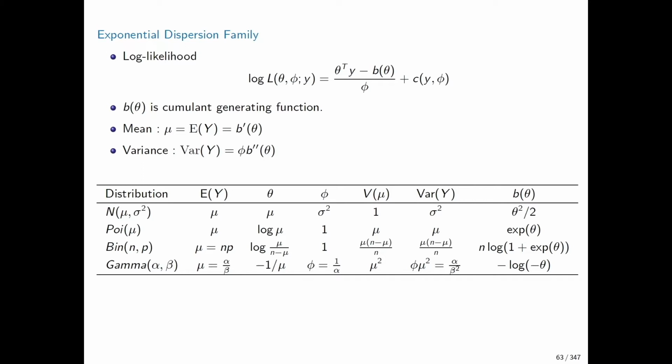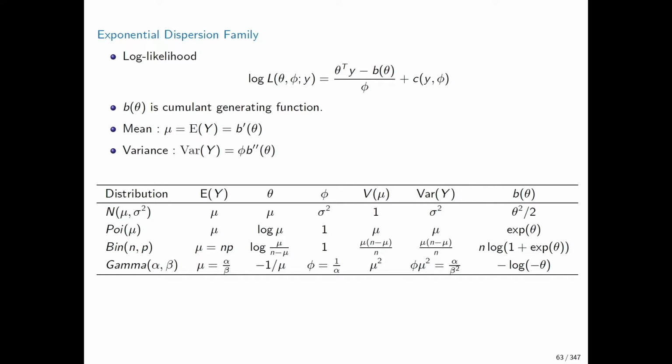Members of the exponential family of distributions all have probability density functions for an observed response Y that can be expressed in the form: the log likelihood log L(theta; y) equals (theta transpose Y minus b(theta)) divided by phi plus c, where b(theta) is the cumulant generating function.